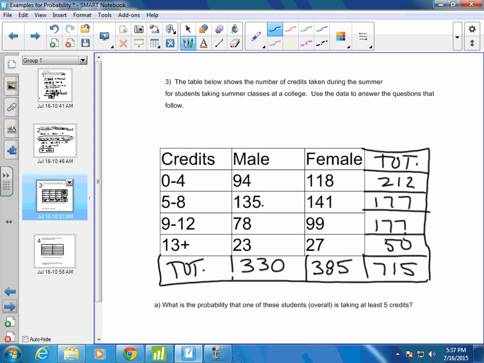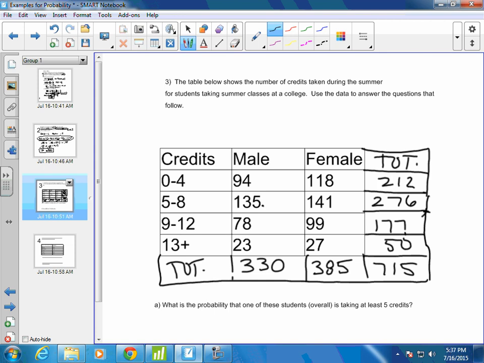I guess I looked at 78 plus 99 twice. And this would be 135 plus 141, so that would be 276. I even pointed to those numbers, but for some reason saw the 78 and 99 twice.